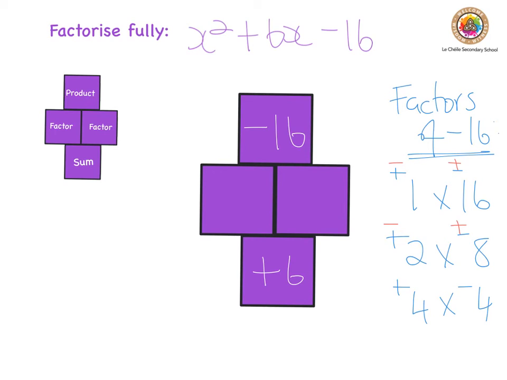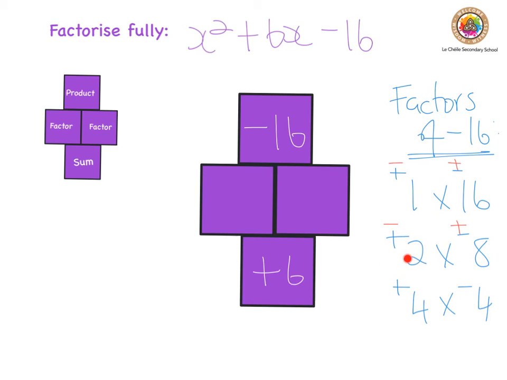So which ones of these can I sum together to give me 6? Okay, so for 1 and 16, if one is plus and the other is minus, I could have minus 1 plus 16, well, that would give me 15. Or I could have plus 1 minus 16, well, that will give me minus 15.